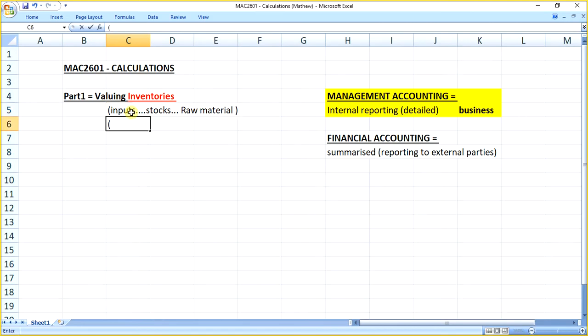So inventory doesn't always have to relate to things that we've bought. It could be stuff that we're going to create or manufacture, so production would be the focus here. Inventory would be all the inputs that we require in order to render a service or produce a product.